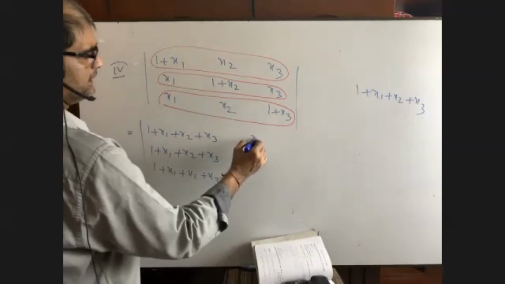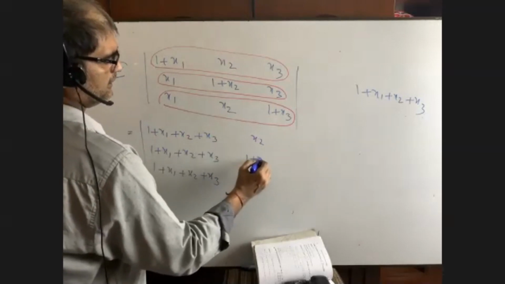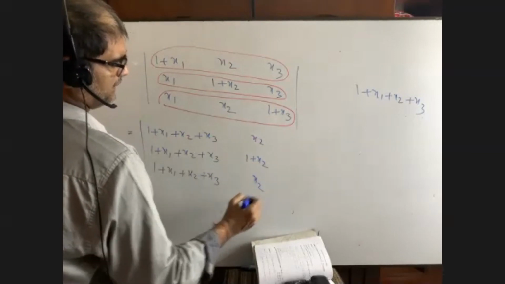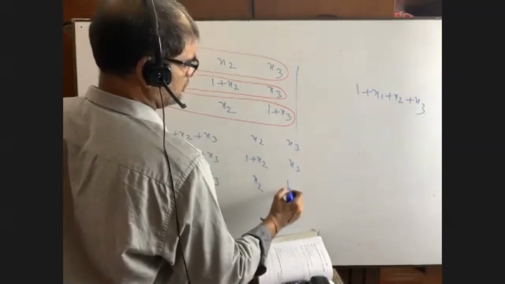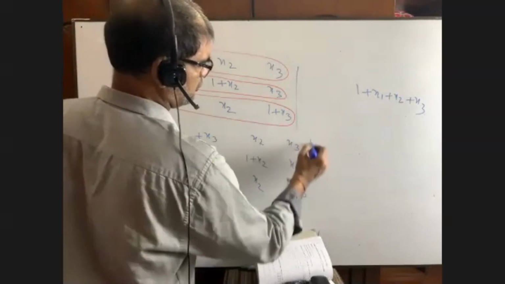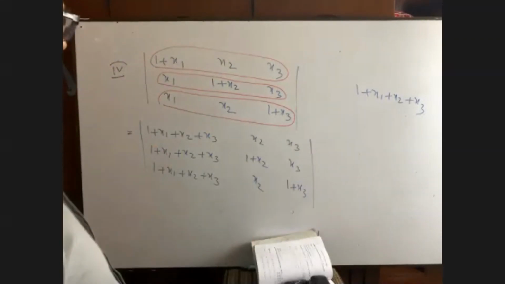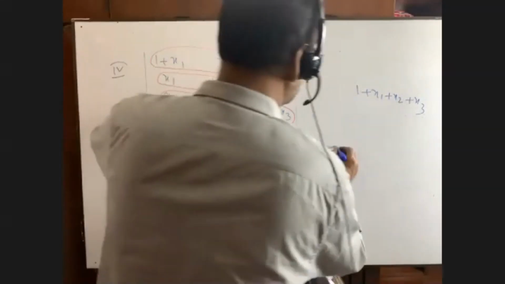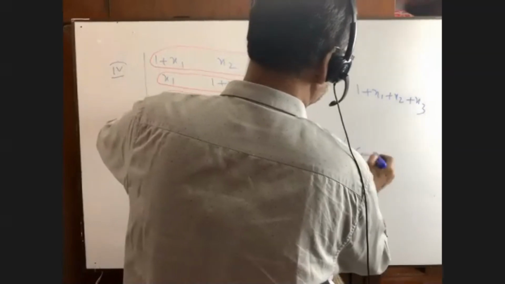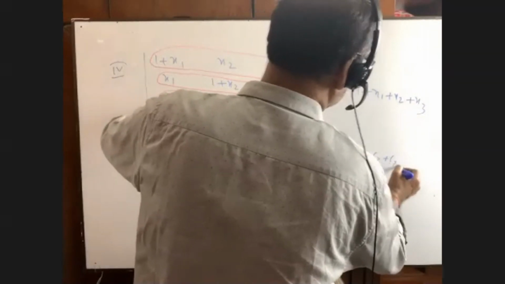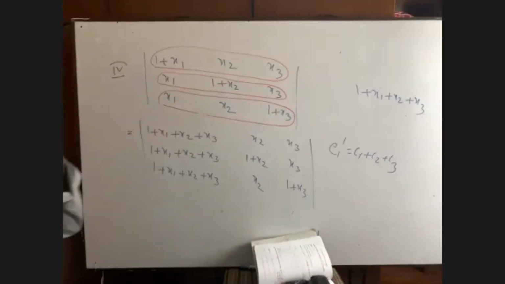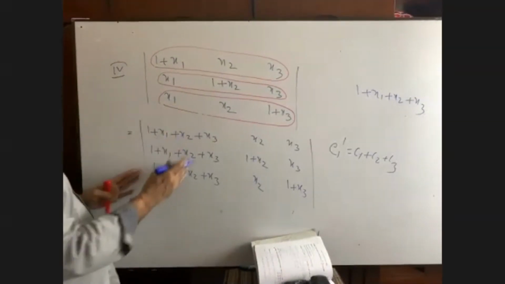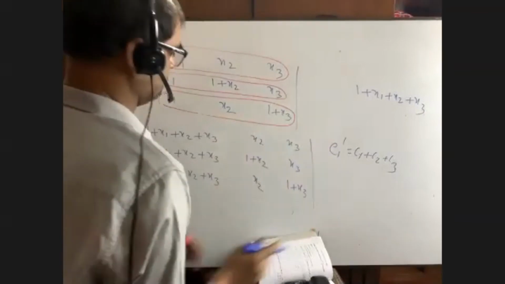Then here it is x2, here 1 plus x2, x2. Here it is x3, here x3, 1 plus x3. Actually, we have got the first column by adding column 1, column 2, and column 3.